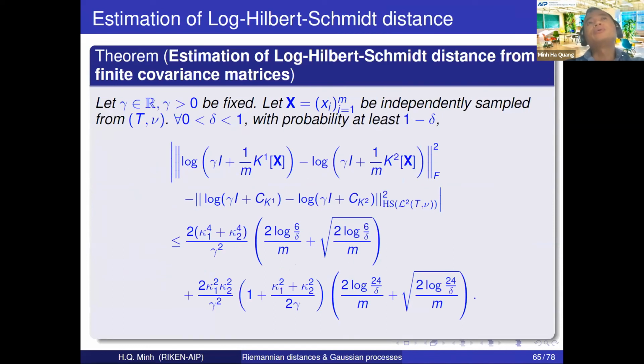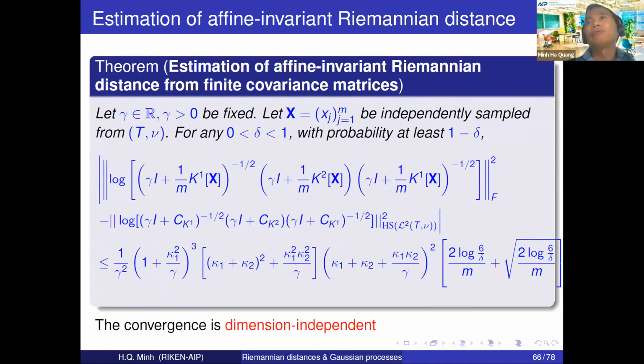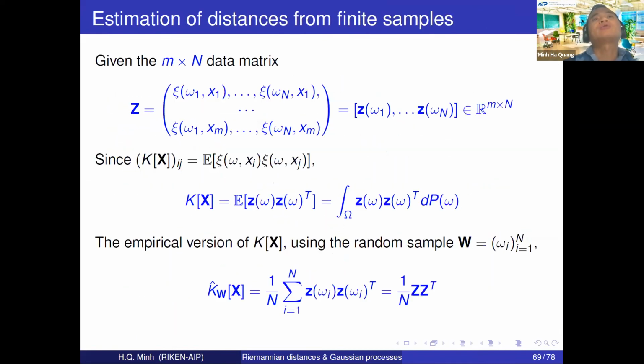But of course, we have to see how they will work out in real situations. Because here, in the synthetic examples, I assume that I know the covariance function. If we have sample data, we can also compute using sample data, but we have to estimate the covariance function, of course.